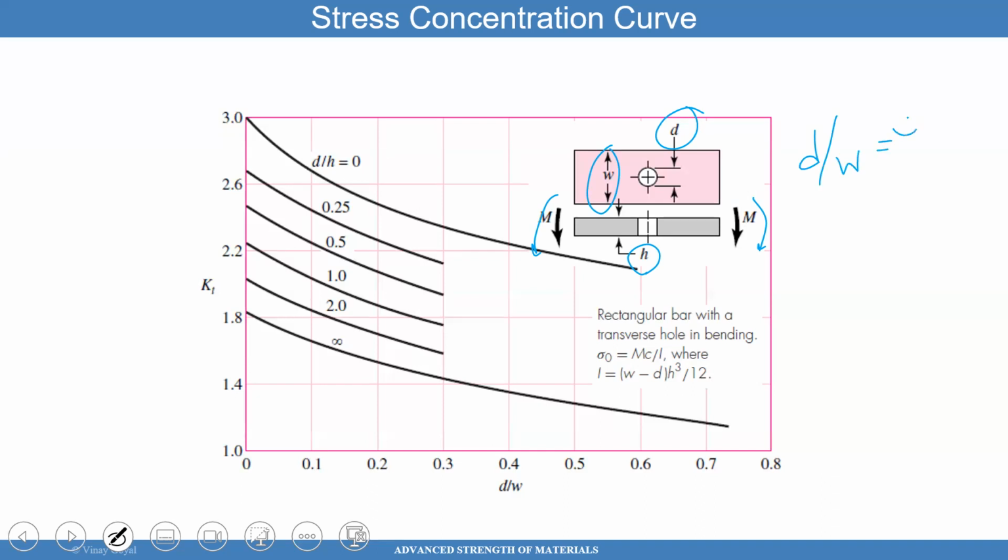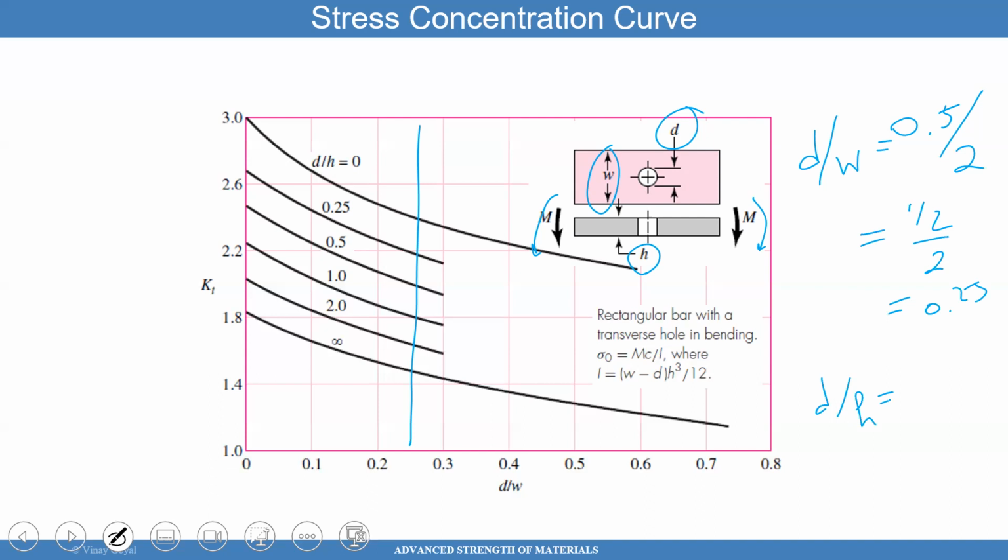say the diameter was 0.5 inch, and say the width was 2 inch, well, that's going to give me a value of, say, 1/2 over 2, that's 0.25. So I'll go here and draw a 0.25 line here. And then I'll look at D over H. So say the thickness was a value of also 2 inch, as an example.